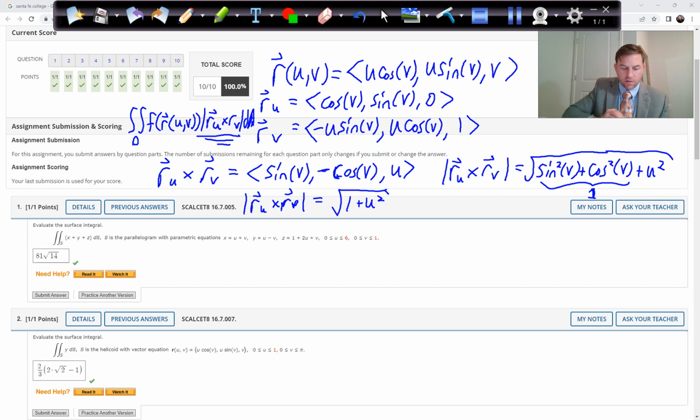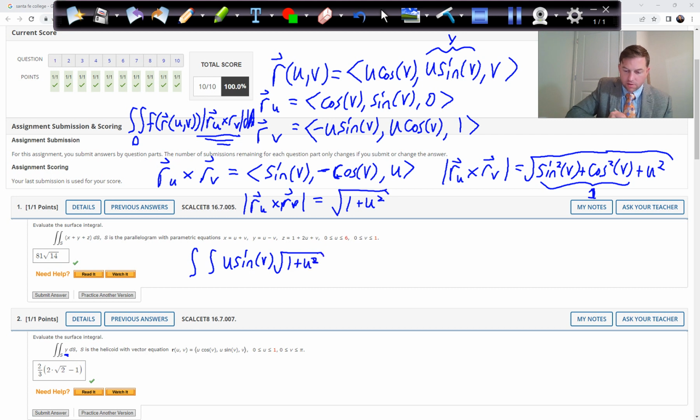Now we need to replace the function with the parametric equation r that's in terms of u and v. The function is just y, it's just one letter. So what we're going to have is the double integral of y, but y would be this term here. So replace that y with that, we're going to get u sine v, and then it's times that magnitude of the cross product, which is the square root of 1 plus u squared.